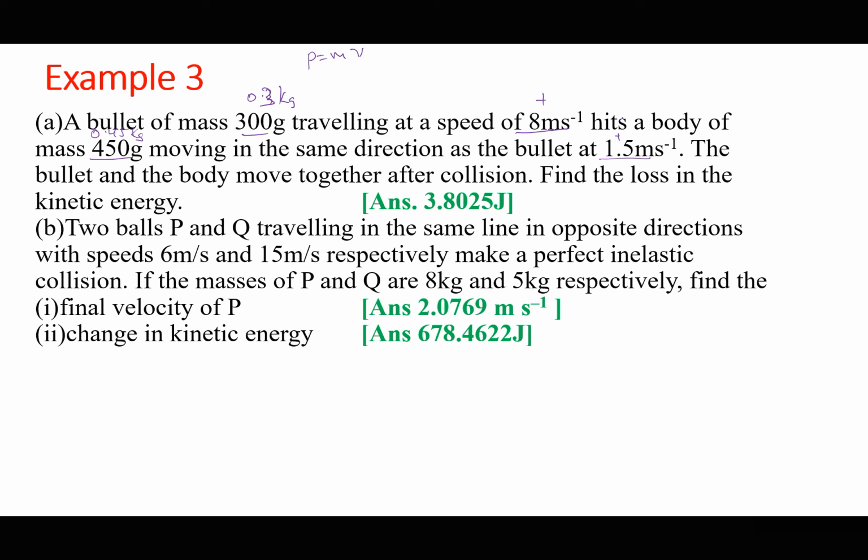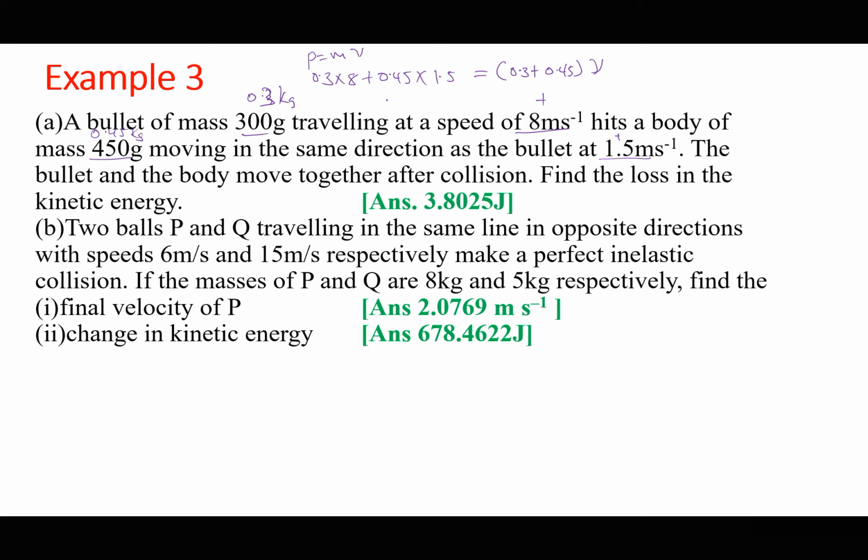Let's say positive. So we have 0.3 times 80, that is momentum for the 300 gram bullet, plus 0.45 times 1.5, that's momentum for the 450 grams, should be equal to, they become one body, so their mass will become 0.3 plus 0.45, and then they move with a common velocity v.